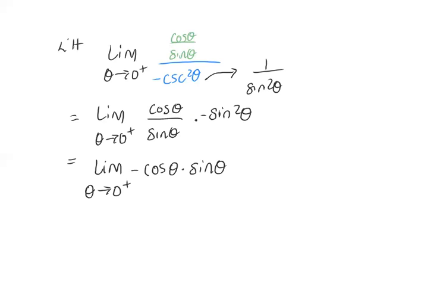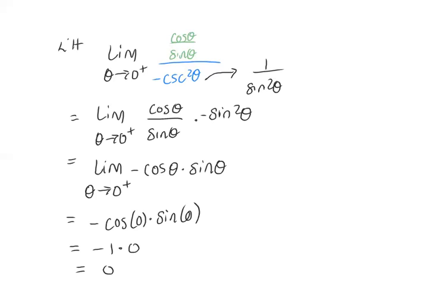Okay, which is equal to, let's see if we can evaluate it. Negative cosine of 0 times sine of 0. We don't have anything in the denominator now except a 1, so I don't have to worry about division by 0. This becomes negative 1 times 0, which is equal to 0.